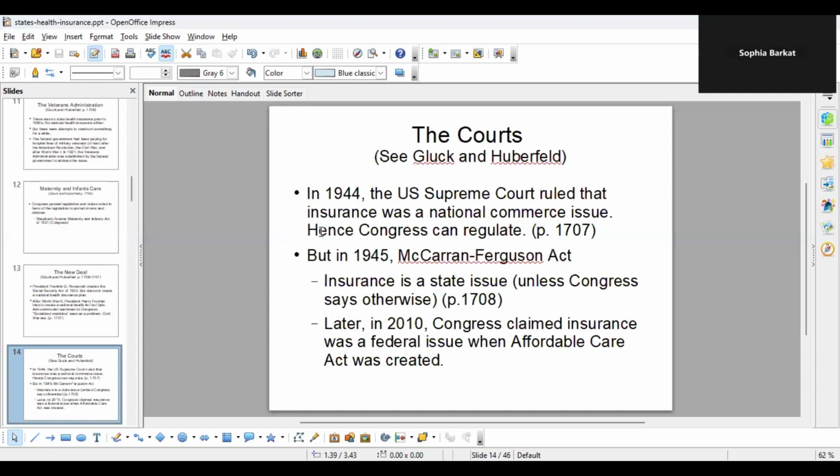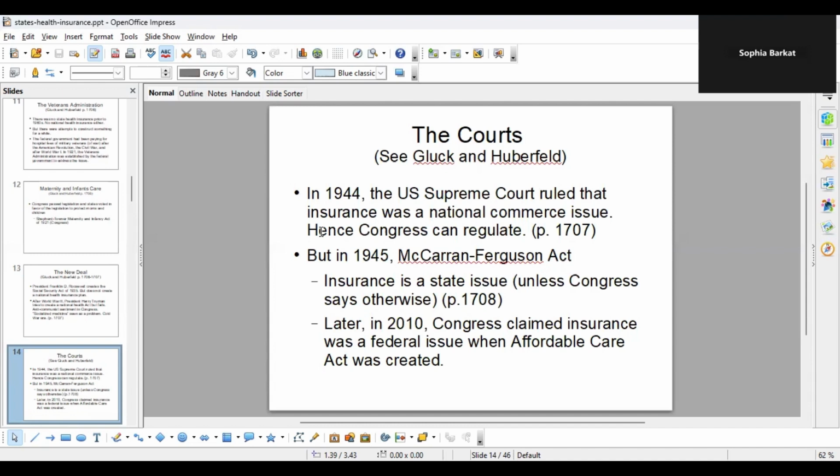Hence, the federal government had a role to play, so Congress could regulate on this issue. But in 1945, the McCarran-Ferguson Act, insurance is said to be a state issue unless Congress says otherwise. So this is about reserved powers of states.